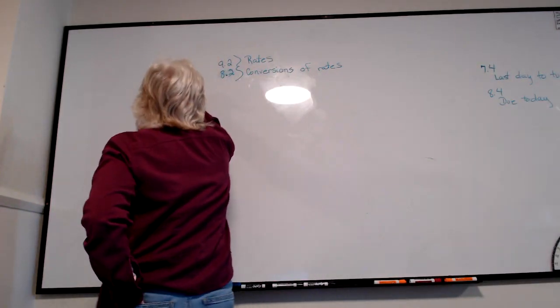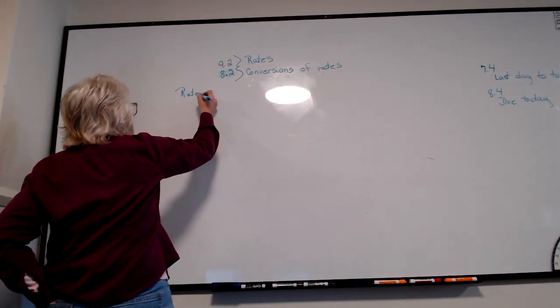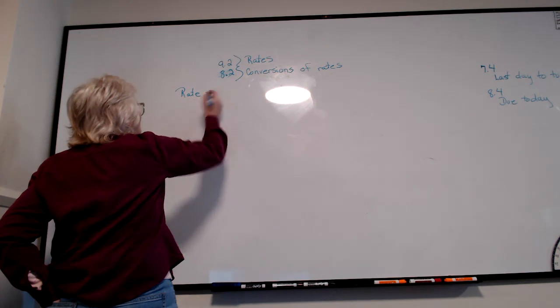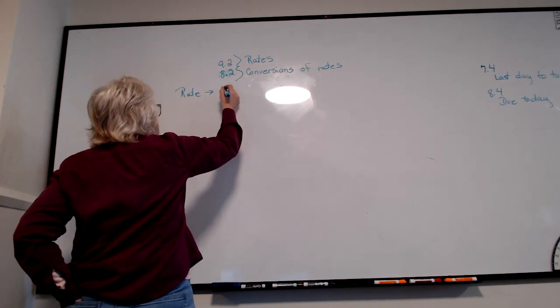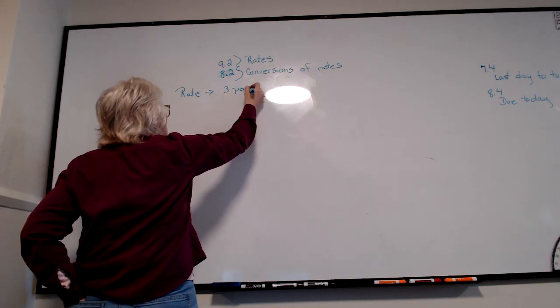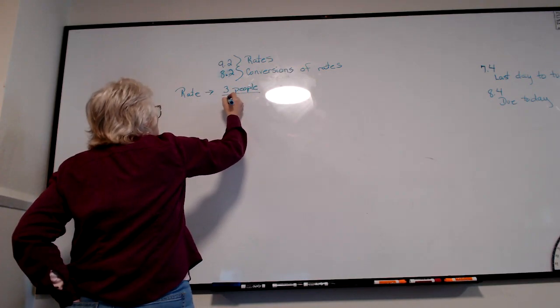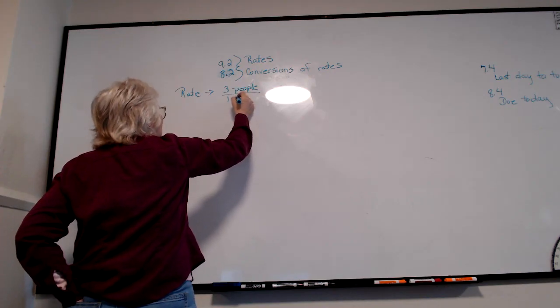A rate is different than a ratio. Okay, a rate is when you have a division, basically it's 3 people per 1 table.